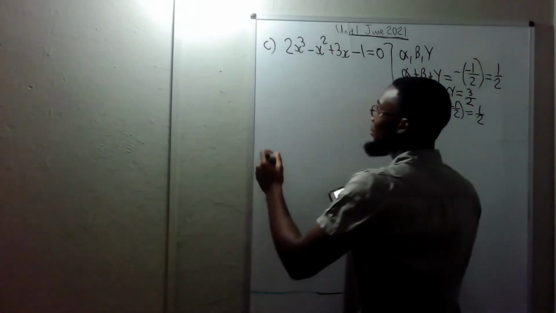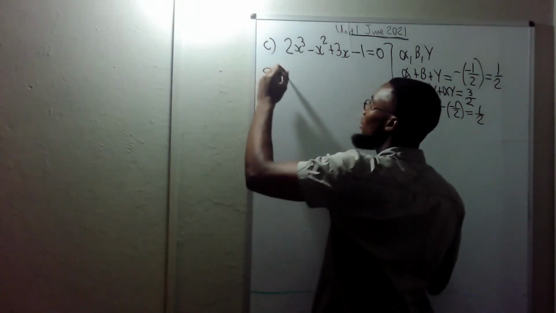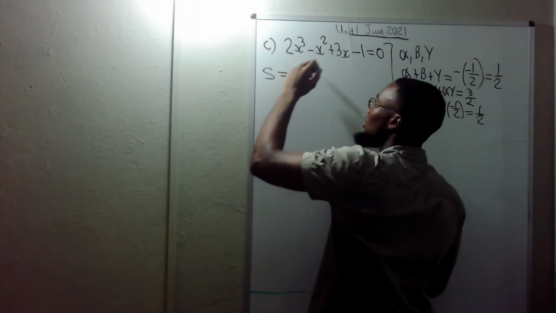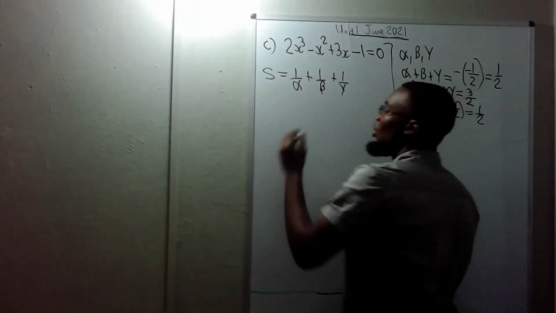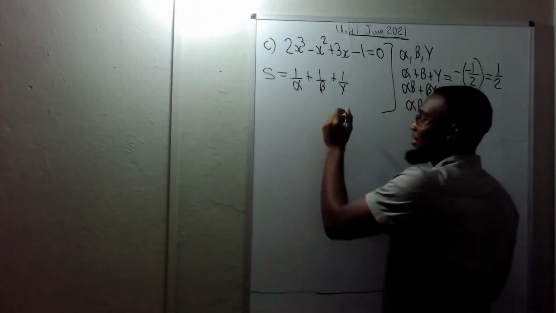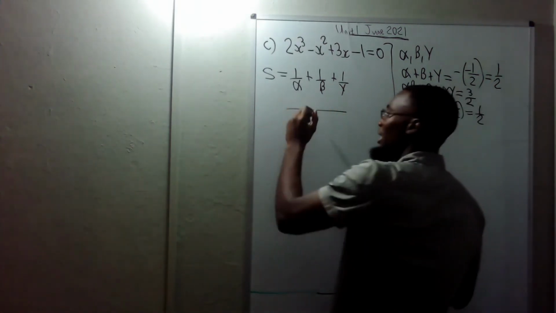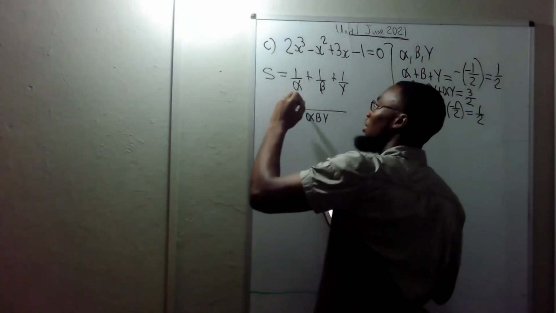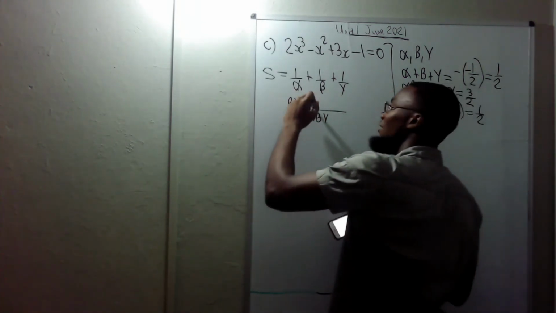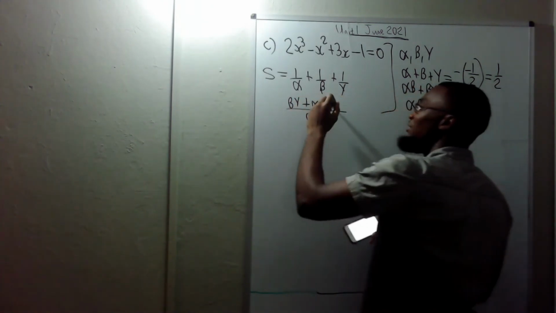So now we want the equation whose roots are 1 over alpha, 1 over beta, 1 over gamma. So first thing we can start by finding the sum. 1 over alpha plus 1 over beta plus 1 over gamma. Now we'll go back to prep school days, find the LCM. The LCM is alpha beta gamma. Alpha into this leaves beta gamma, plus beta into this leaves alpha gamma, gamma into this leaves alpha beta.